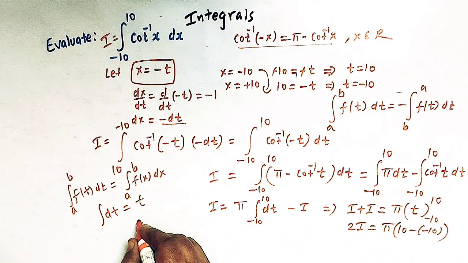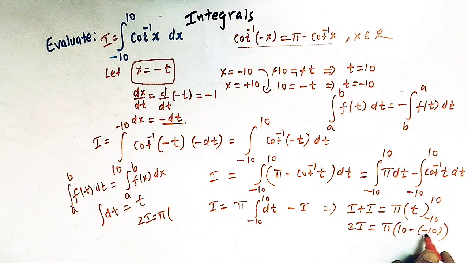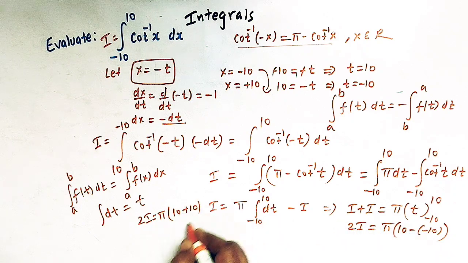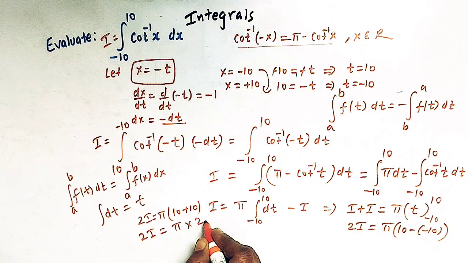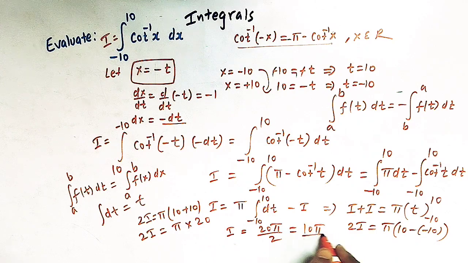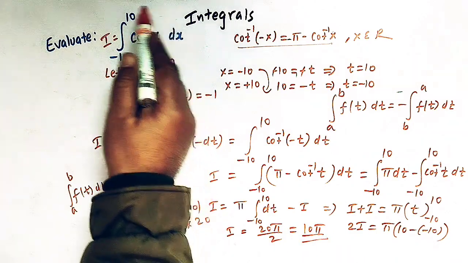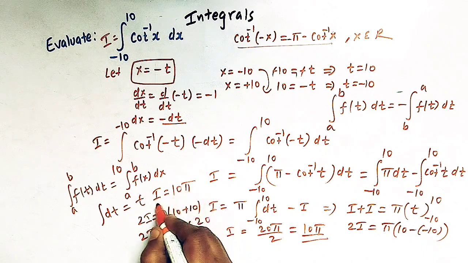So now we can write 2I, and we have pi and 10 plus 10. So this is 2I is equal to pi times 20. So I is 20 pi over 2, that is 10 pi, right? So the value of this integral I is equal to 10 pi.